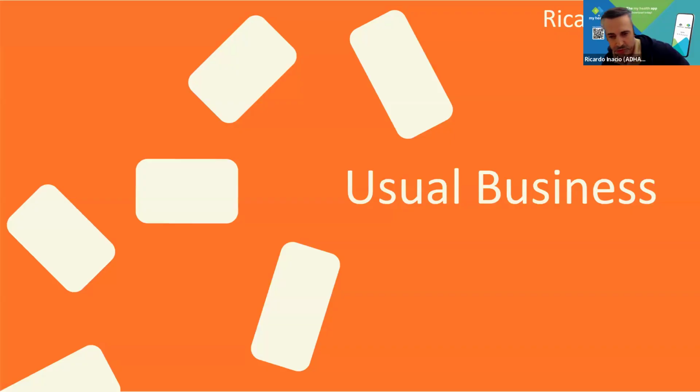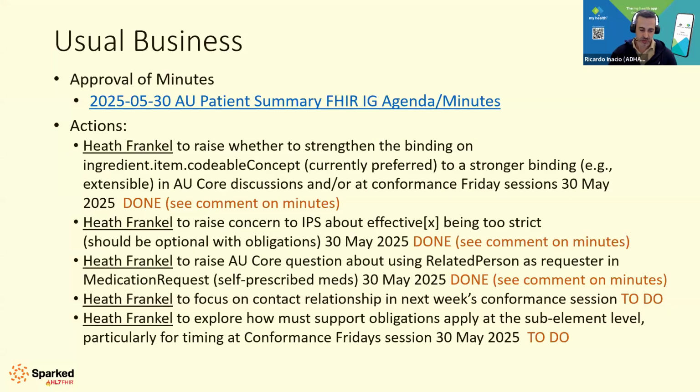So we'll now go into our usual business, and we will start with the review and approval of the minutes from the previous meeting. I'll just open them up here on the screen.